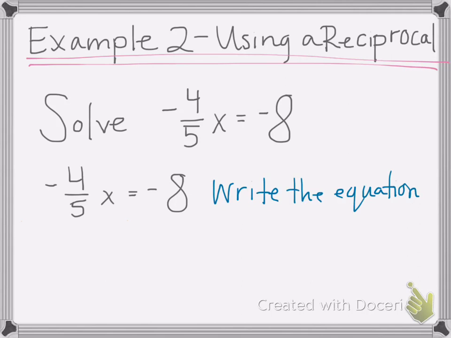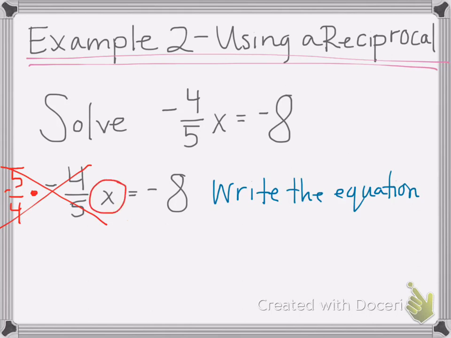And remember, the multiplication property of equality tells us that we can multiply whatever we want, as long as we do it on the other side. So I am going to multiply by negative 5 over 4. And you may be wondering, Miss Chan, why did you choose such an odd fraction? Well, check this out. Cancel, cancel. My x is by itself.